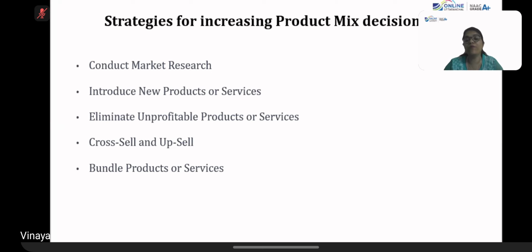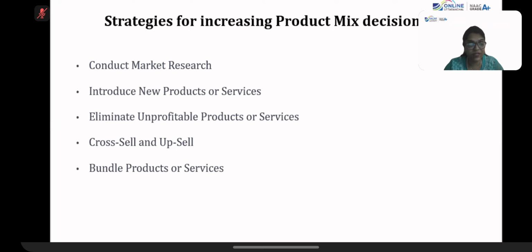Identify, students, the new opportunities. Right? So a company can use market research to determine which products, services are in high demand in the market, which ones are not meeting the customer needs. तो ये आपको कब पता चलेगा, जब आप मार्केट में रिसर्च करो.